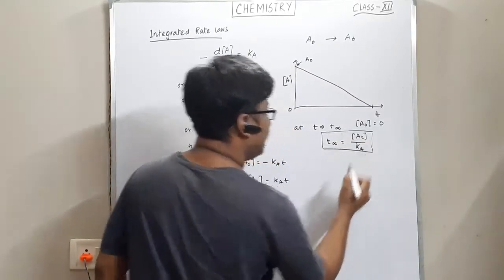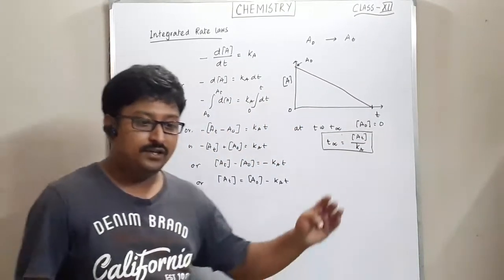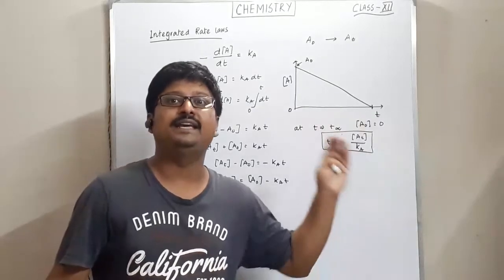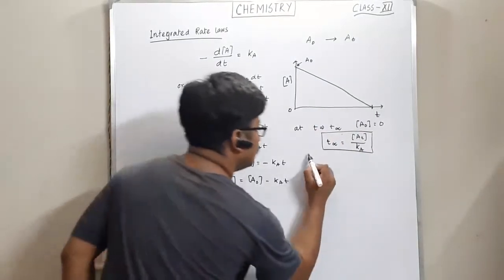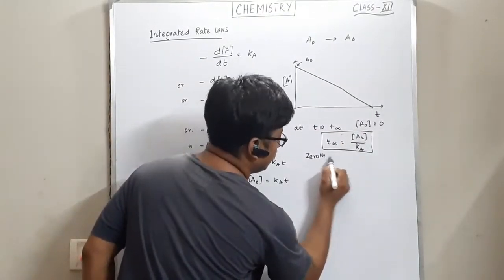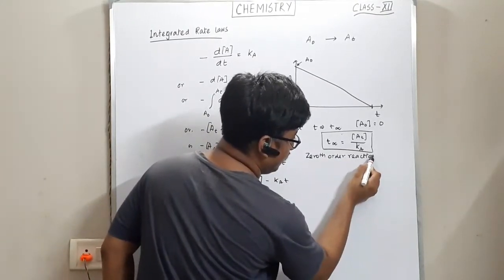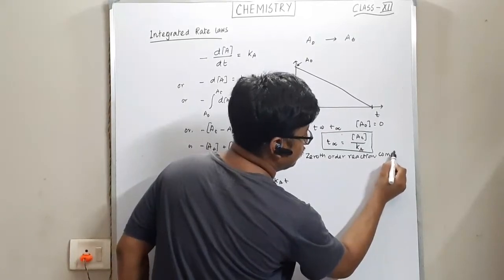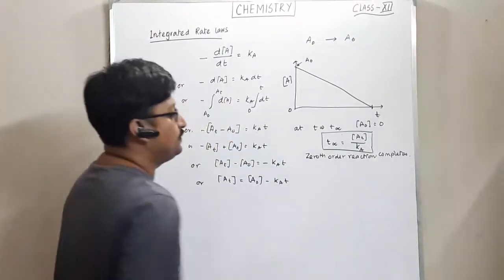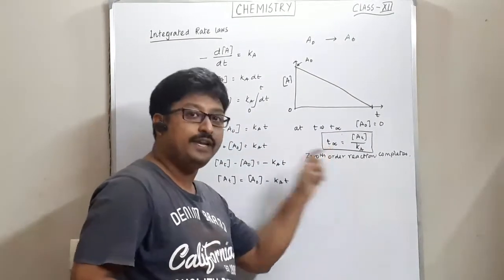So what we can say from here is that the zeroth order reaction indeed gets completed. It completes because there is a fixed value of t infinite.